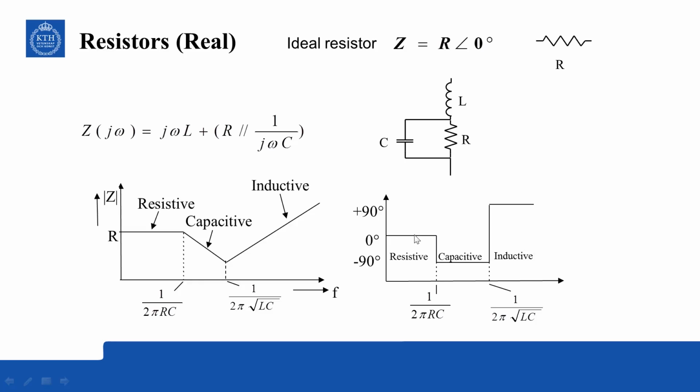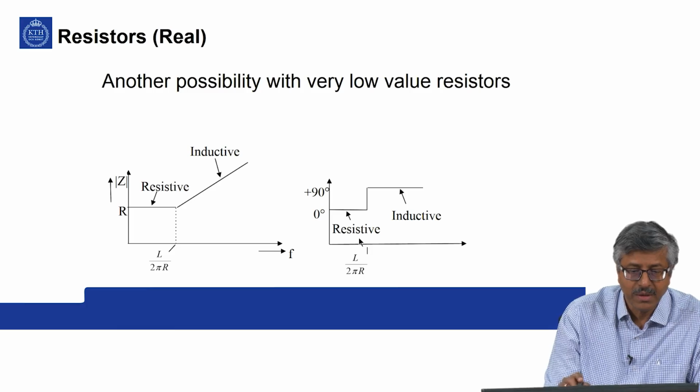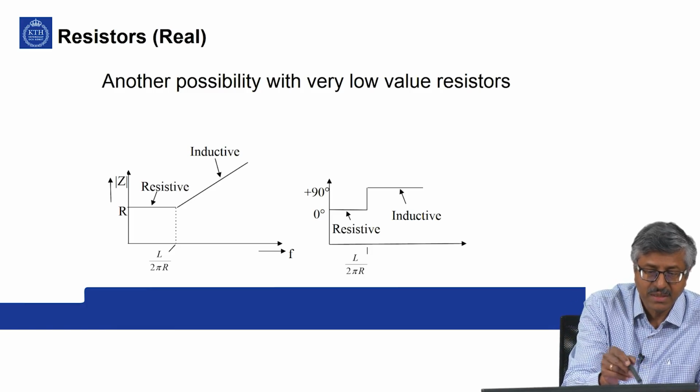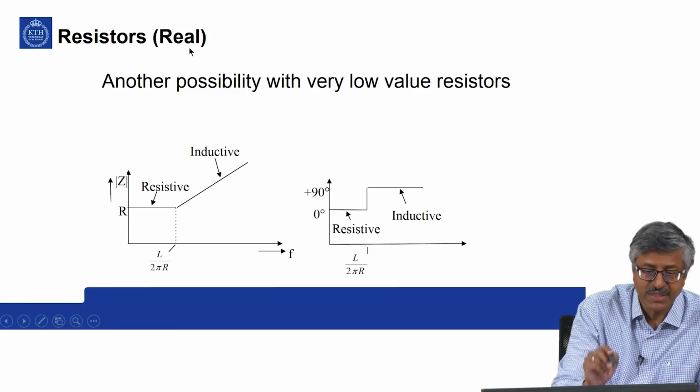We will see in the next slide another case also where you don't have this capacitive phase, in which the resistance goes directly from resistive to inductive phase. This happens mainly with low value resistors. That we will see in the next slide. Resistors, real value of resistors.